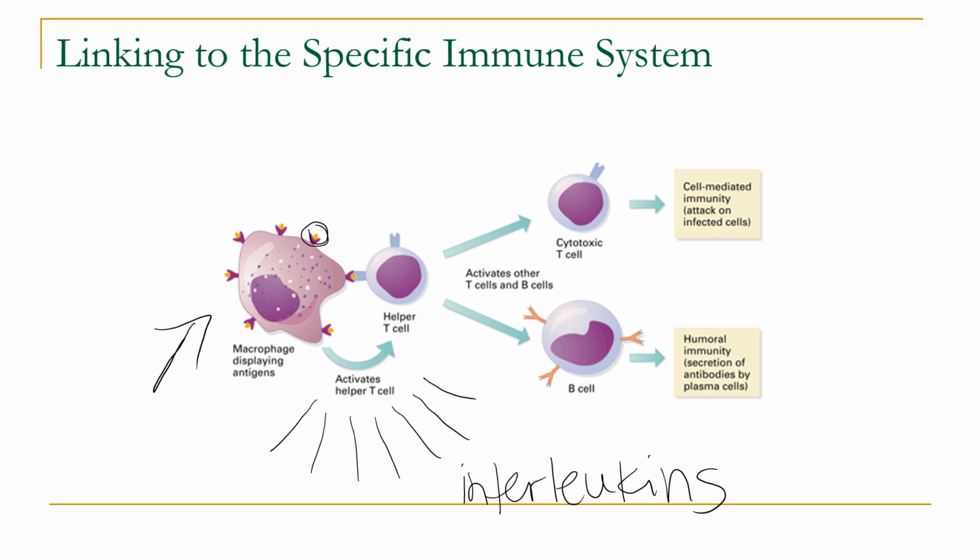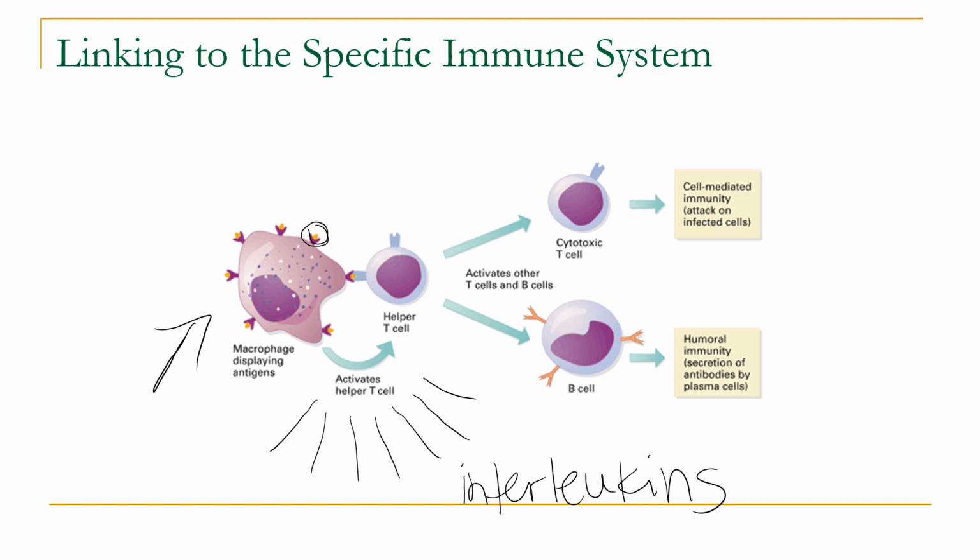Now, it's really important that interleukins are released. Interleukins have to be present for this next step to occur. In order for the T cells and the B cells to be activated, interleukins actually have to be flowing throughout the body.